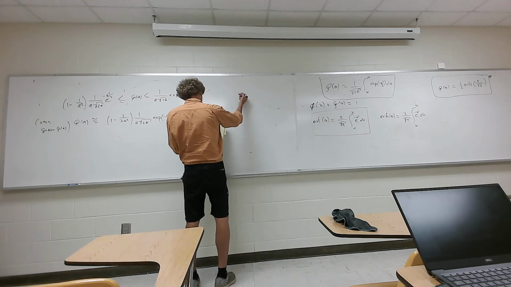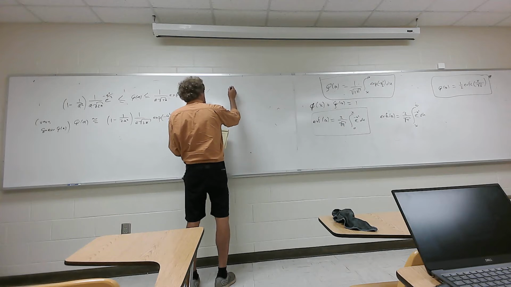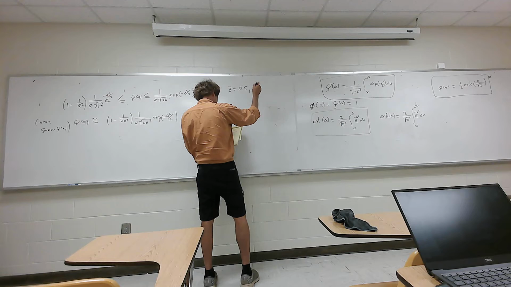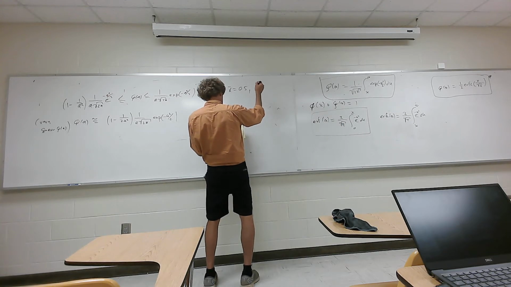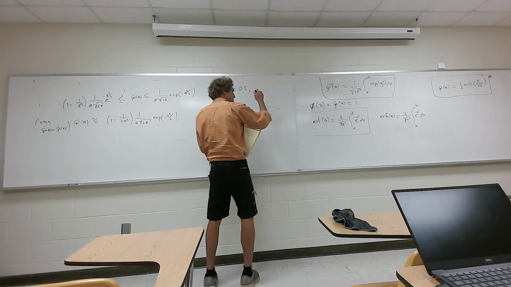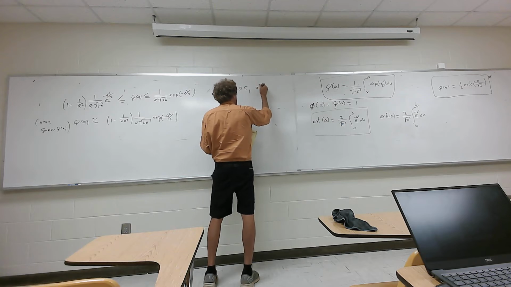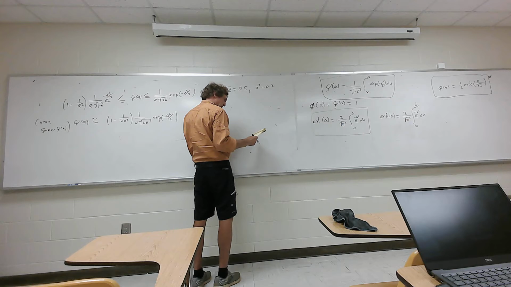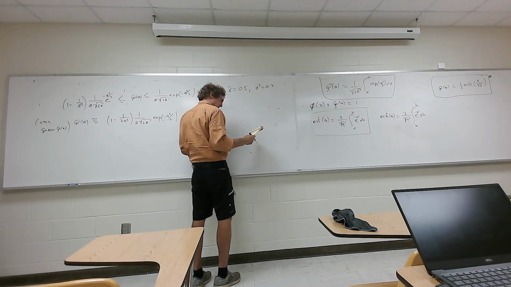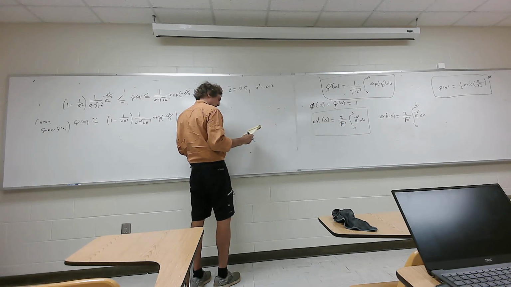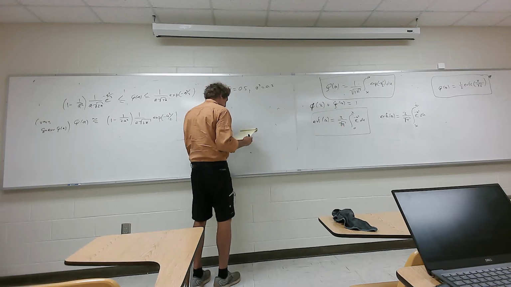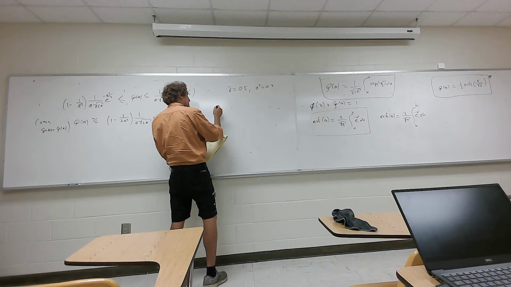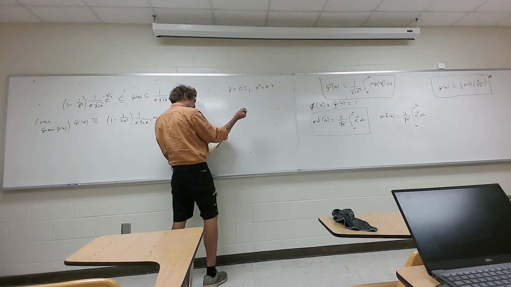Now, it has an example where the mean value of x is 0.5 and the variance, sigma squared, is 0.2, and what they want is the probability of the random variable being greater than 2.5.